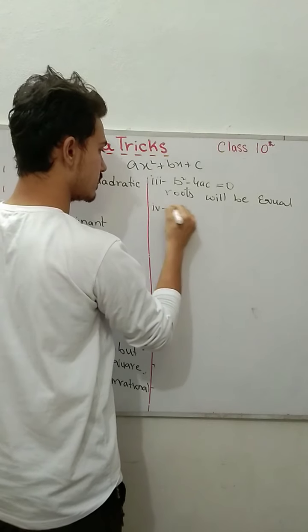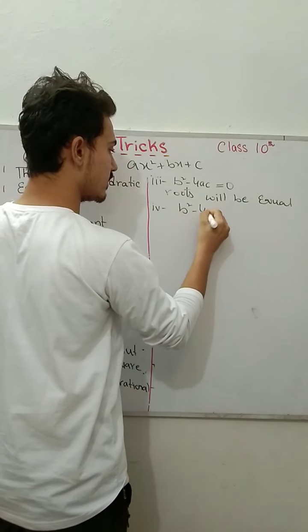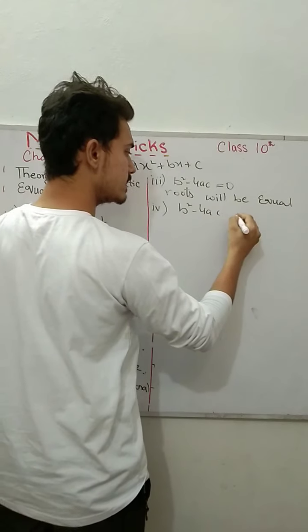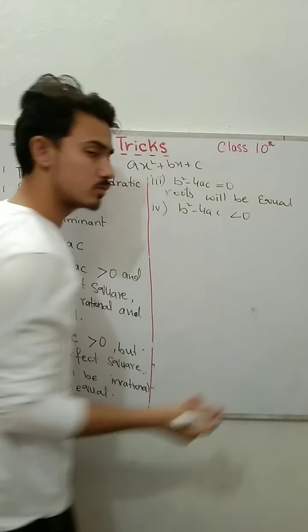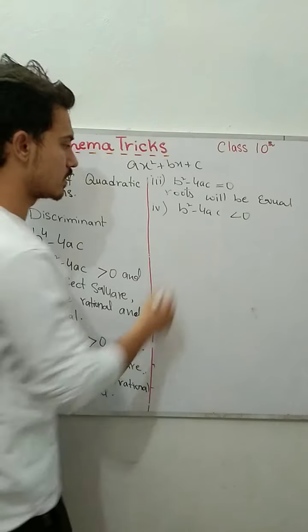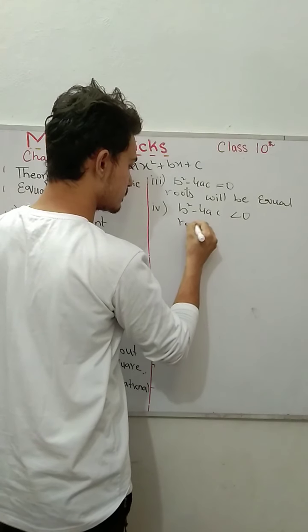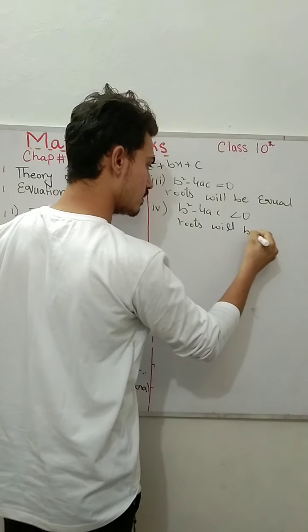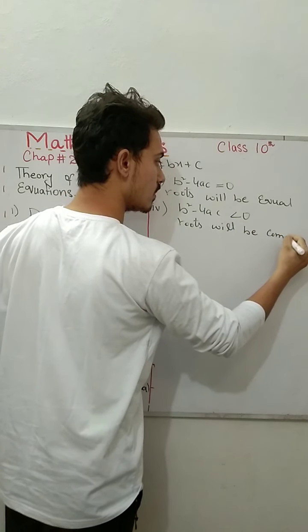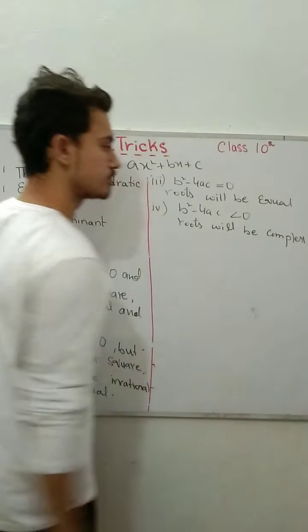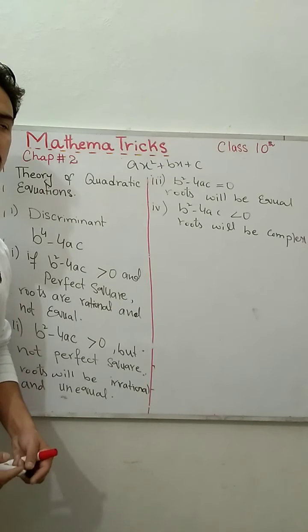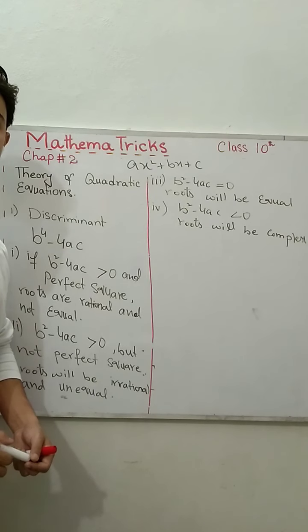And the fourth one is b square minus 4ac less than 0. I mean you got a negative answer, less than 0, the roots will be complex. I think you are well aware of complex numbers as we studied in the previous class 9.